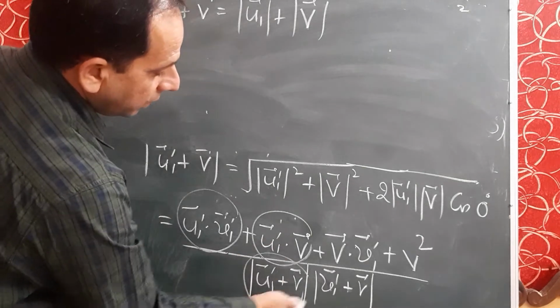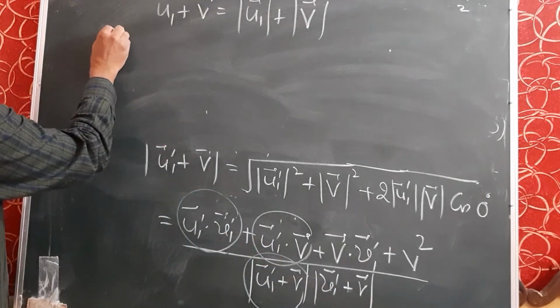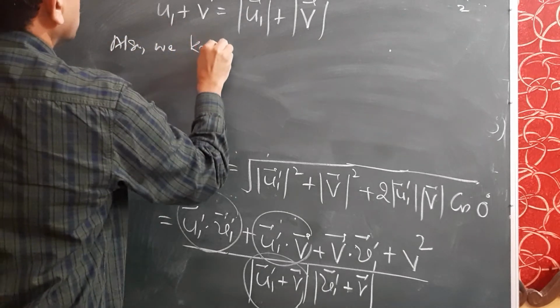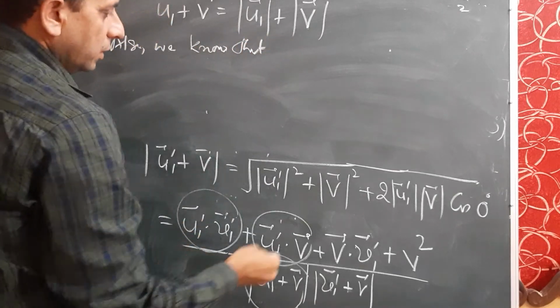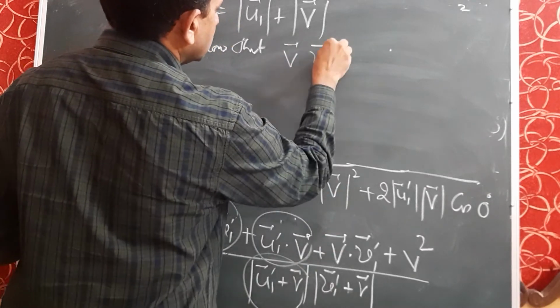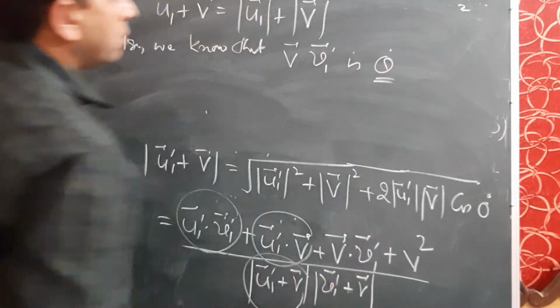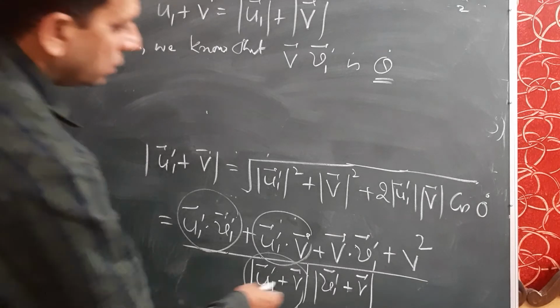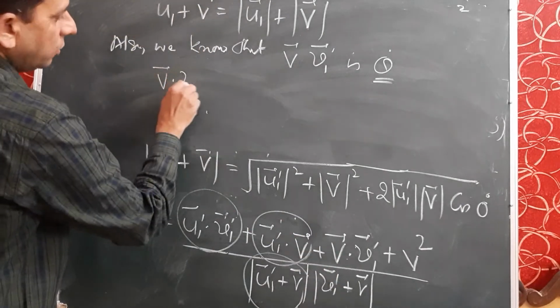So these two, and the remaining terms, these two. We know that the angle between vector V and v1' is theta. It is the same angle which is between u1' and v1'. So the same angle is formed between the center of mass velocity and the velocity of the first particle after collision in center of mass frame. So therefore, what is V dot v1'?